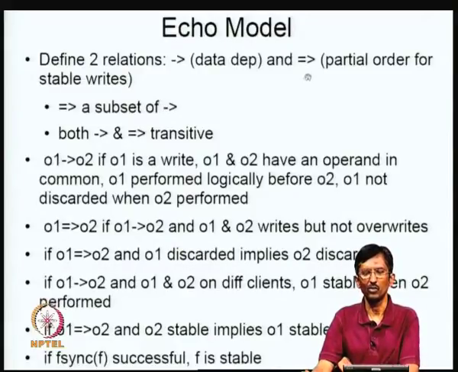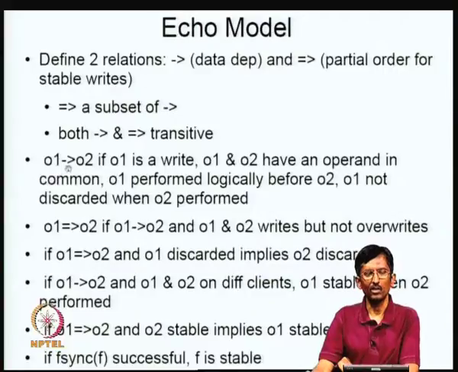That is why the stable writes are ordered in one way, and the data dependencies are going to be a superset of this particular set of things that have to be done. Okay. And these two things are transitive.